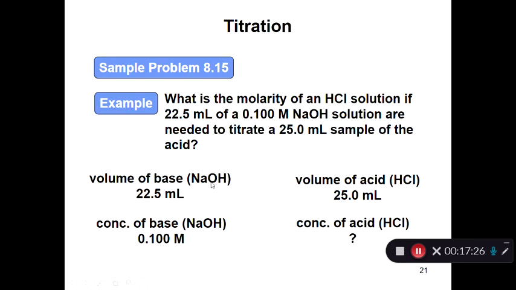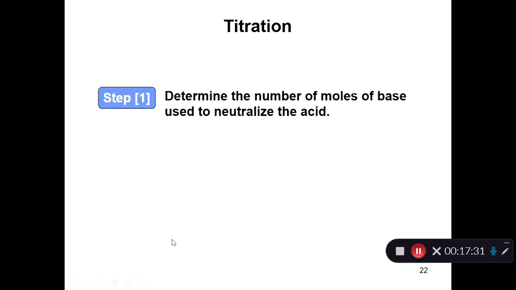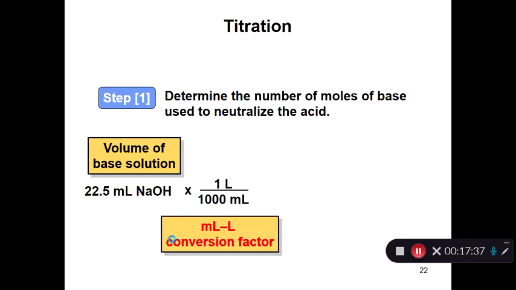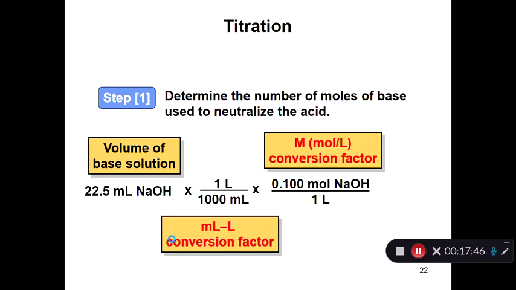So we are going to make moles of this one. So I'm going to say that we have 22.5 ml NaOH. I'm going to convert that one to liter because for molarity, we need to use liter based on the definition we have. Then we talk about NaOH. So I'm going to convert that one to moles by multiplying by molarity.